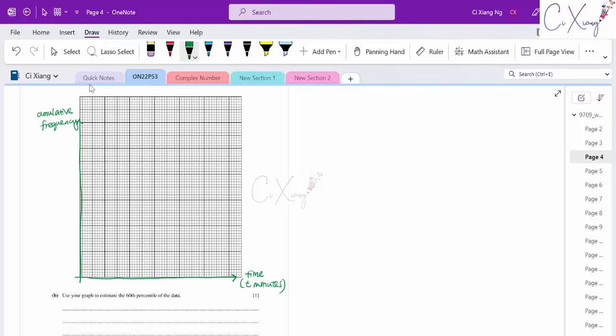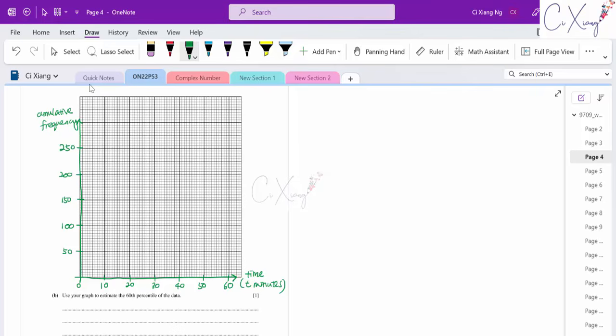Okay, so we try to plot the points. For the scale of the x-axis, I want to label it as 10, 20, 30, 40, 50, and 60. Then for the y-axis, I want to have it until 250, so I think it would be better if we put it like this: 50, 100, 150, 200, and also 250.